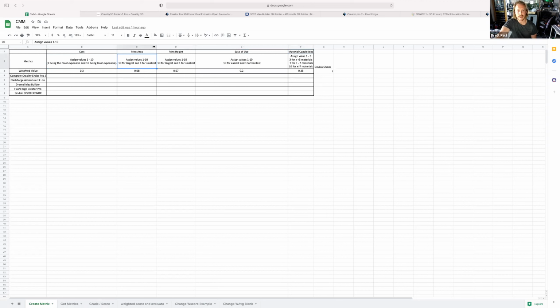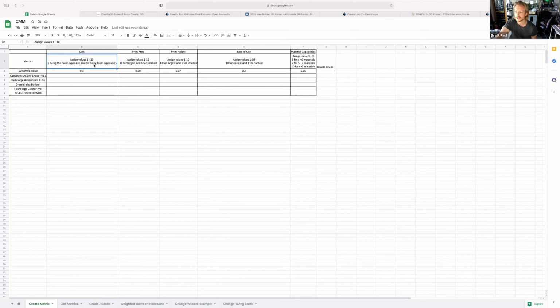So you can see that I've defined each parameter or the metrics for the parameters on the second row. So for cost, for example, we're going to assign values 1 through 10, okay, with 1 being the most expensive. So it's going to make the value of the printer go down in our selection process, and 10 being the least expensive, which is a good thing.